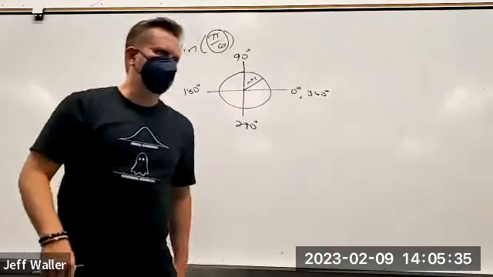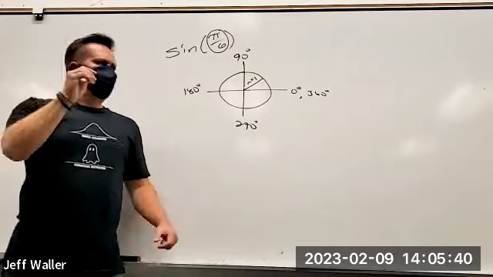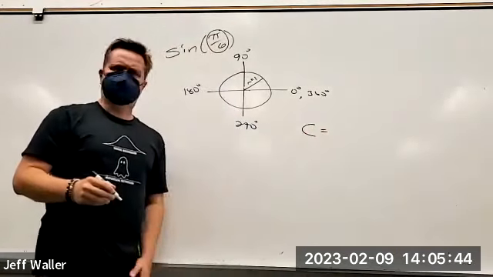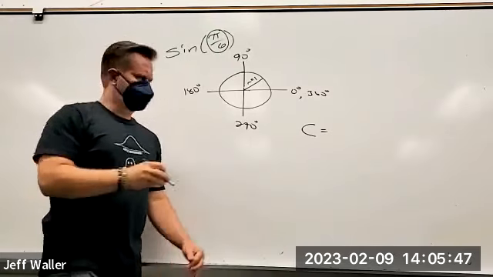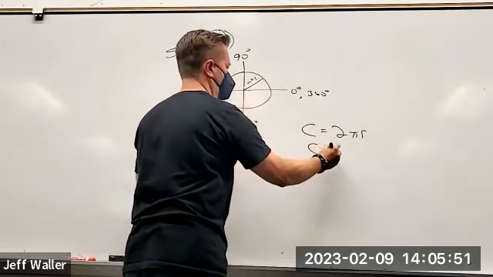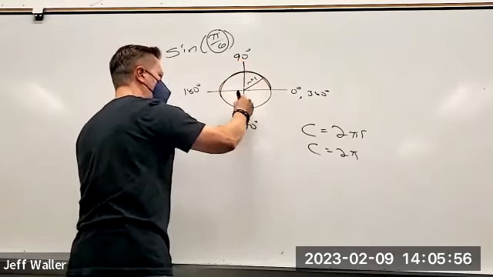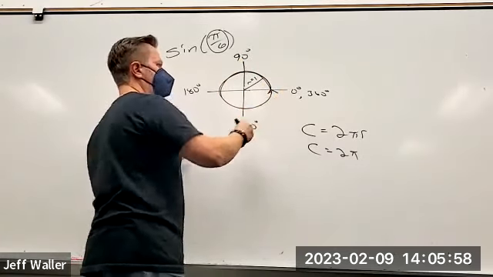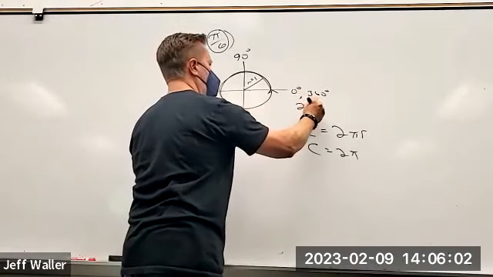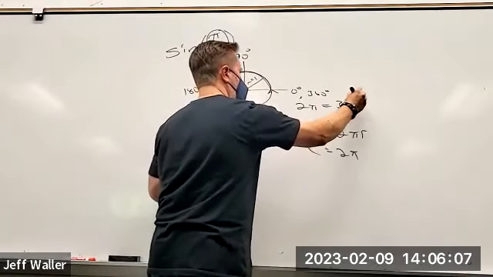Pi over 2 will be what 90 is. Do you guys remember what the circumference of a circle is, the formula? 2 pi r. So if r is 1, the circumference is 2 pi. So the physical distance around this circle is 2 pi, which means 2 pi is the same angular distance as 360 degrees.